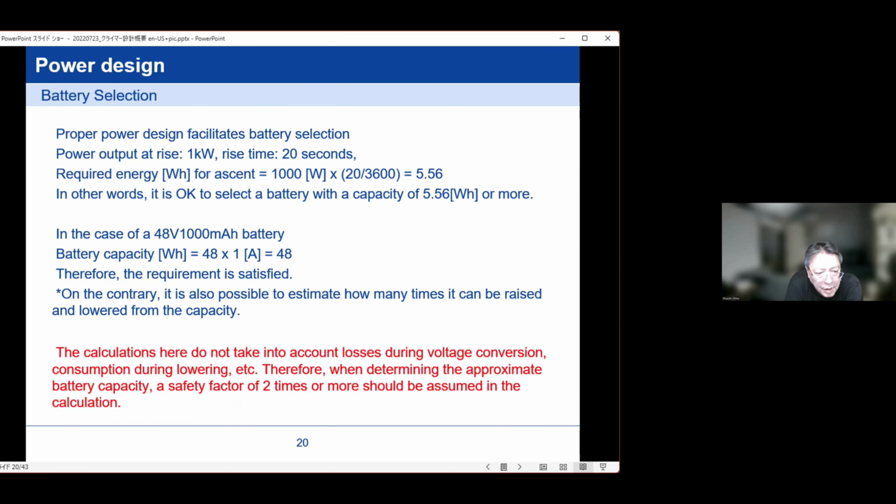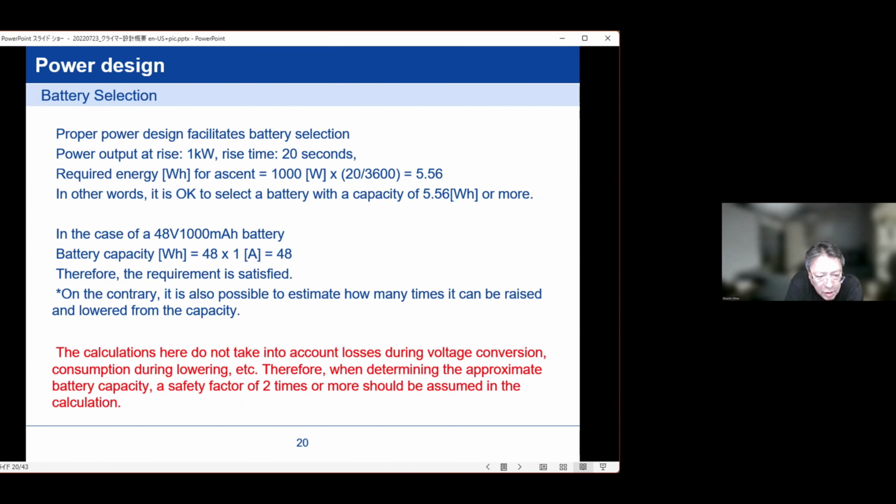For example, if the output during ascent is 1 kilowatt and the ascent time is 20 seconds, then the energy required during ascent is 1000 times 20 divided by 3600, which means that you need a battery of at least 5.56 watt-hours.